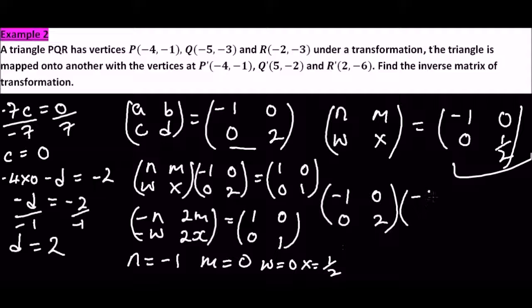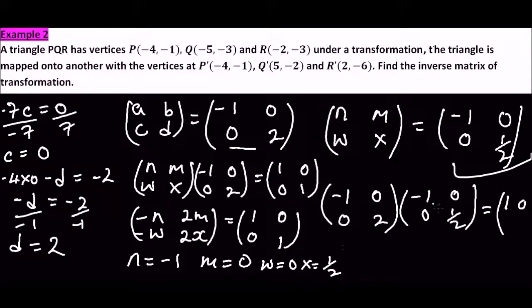You multiply by minus 1 0 0 and a half, that should give you minus 1 times minus 1, that is 1. 0 times 0 is 0, so 1 plus 0 is 1. Then we have minus 1 times 0 is 0. 0 times a half is 0, so there we have 0.